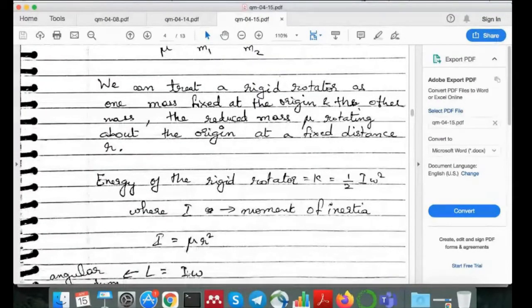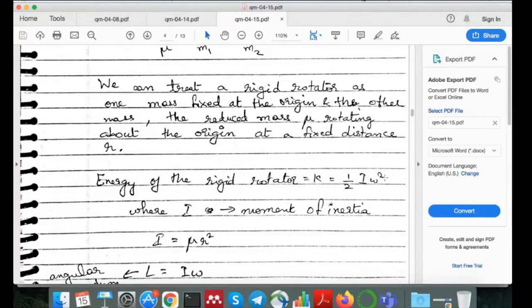Because it is rotating, it's always in motion. The energy of the rigid rotator is the kinetic energy. The kinetic energy of something that is rotating is basically half I omega square, where I is the moment of inertia of the system and omega is the angular velocity.